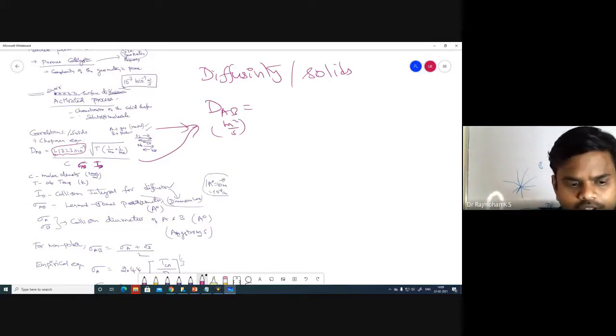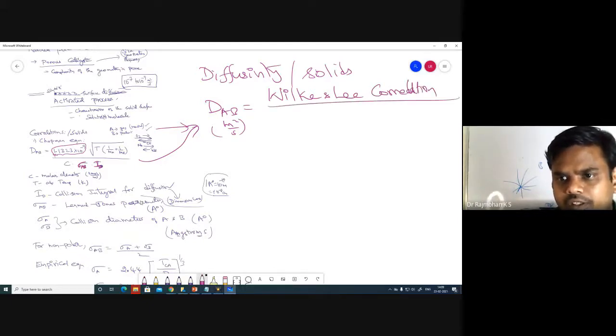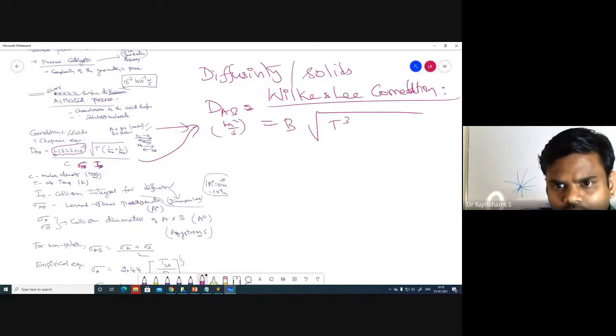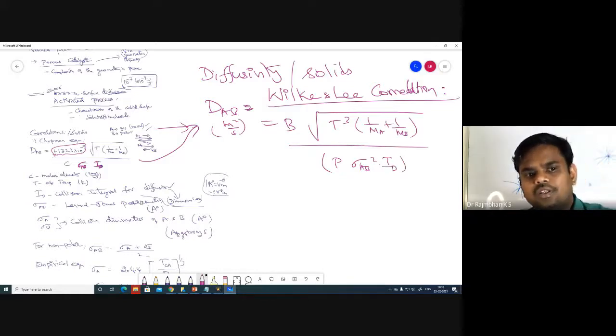This was given by Wilke and Lee, so we name it the Wilke-Lee correlation: DAB is equal to B into square root of T cube into 1 by MA plus 1 by MB, divided by P into sigma AB square into ID.